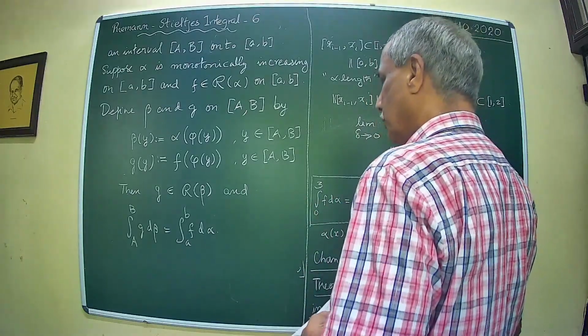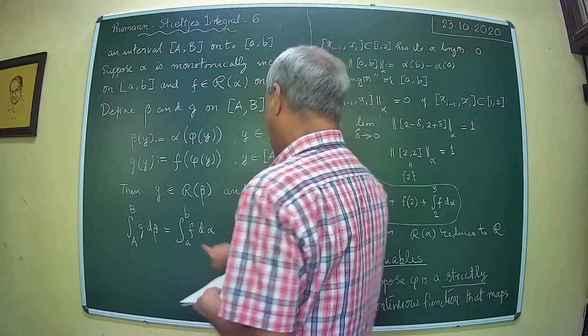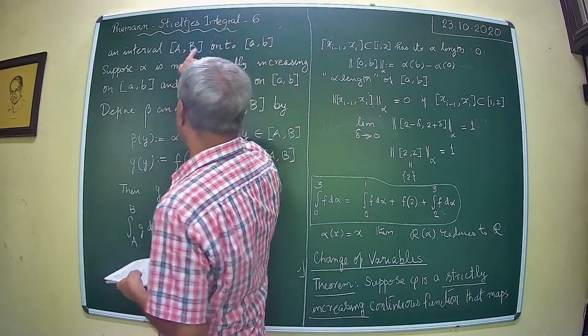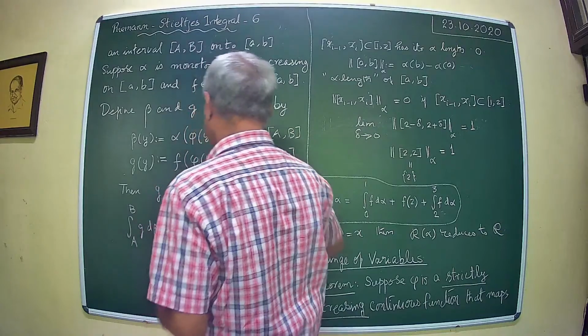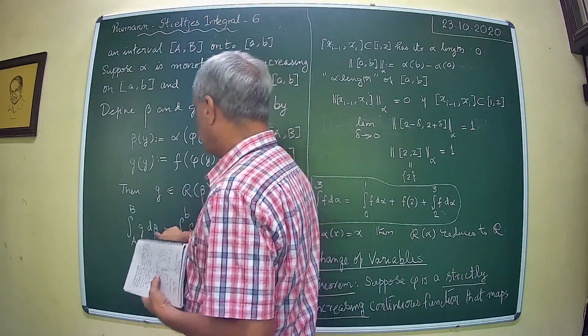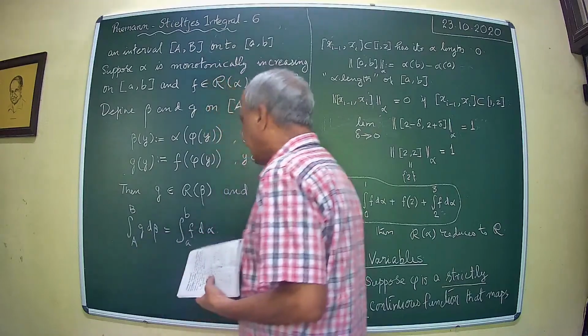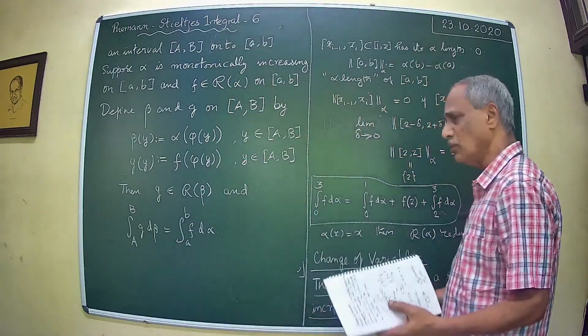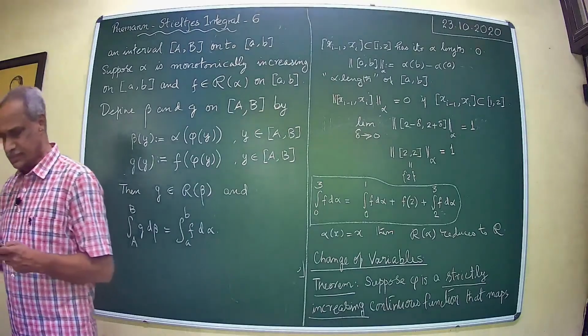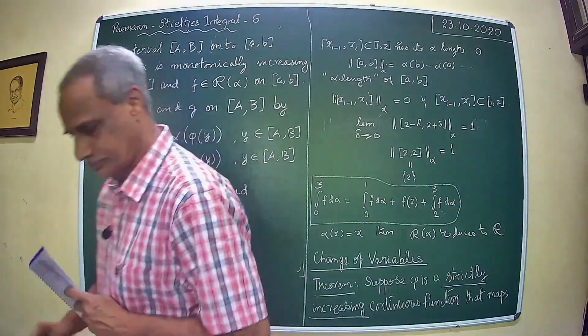Okay, so you will have to define from f, through the map that you have from the interval AB to small ab, both beta and g, and we shall examine how this comes, then it will be very clear what is happening. Okay, so let us look at the proof of this here.